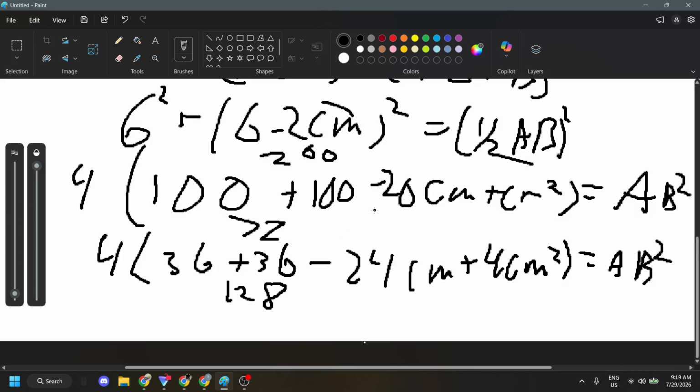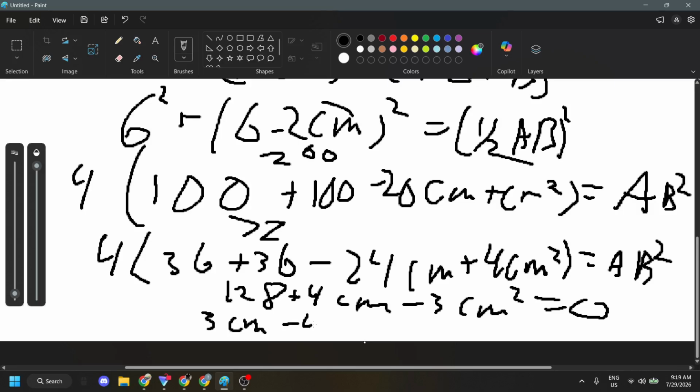So 20 minus negative 24, so 20 plus 24, so plus 4 cm, and then minus 3 cm squared is equal to 0. So then flip this around, 3 cm squared minus 4 cm minus 128 is equal to 0.